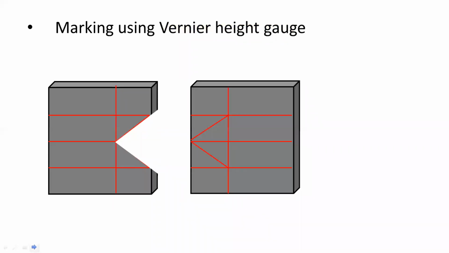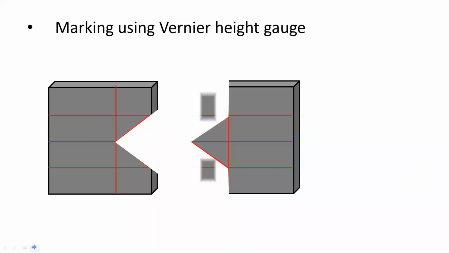This part you will remove by the cutting operation, so this will become the female part. On the other workpiece, you should remove this part. Then you can perform the mating, inserting the male part into the female part.